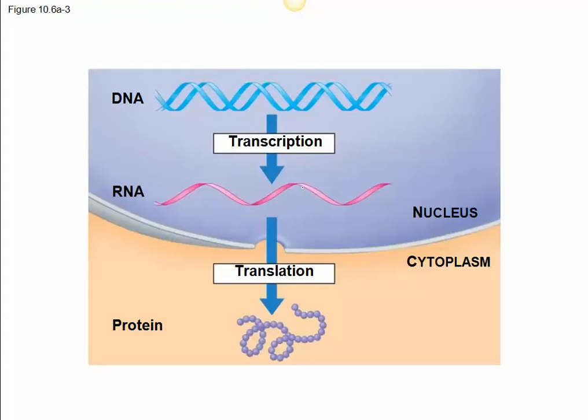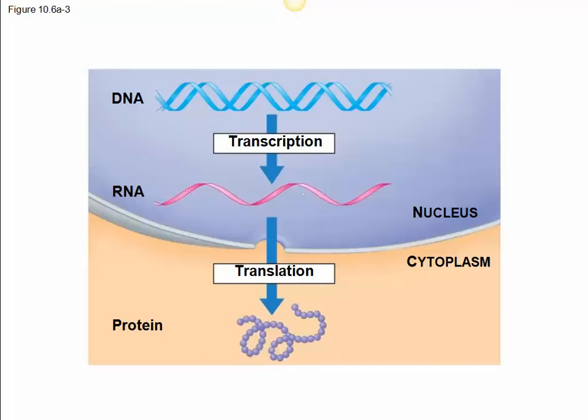So again, if we're following our analogy of cooking, we're in our kitchen, we had a recipe book, we took one recipe, wrote it down on a piece of paper, that was transcription. And at that point, I'm going to read the recipe, grab the materials I need, and actually make that dish. So going from the actual recipe to actually making the dish is translation.